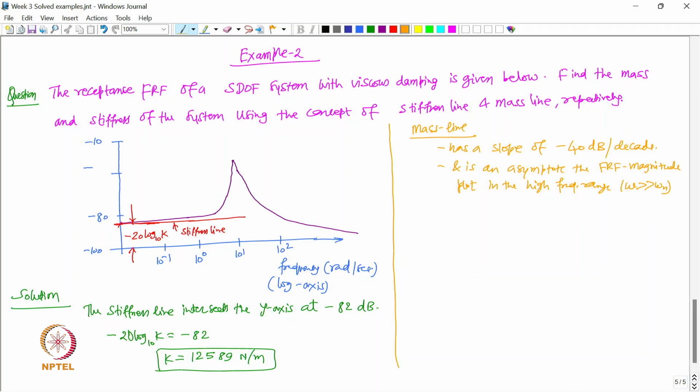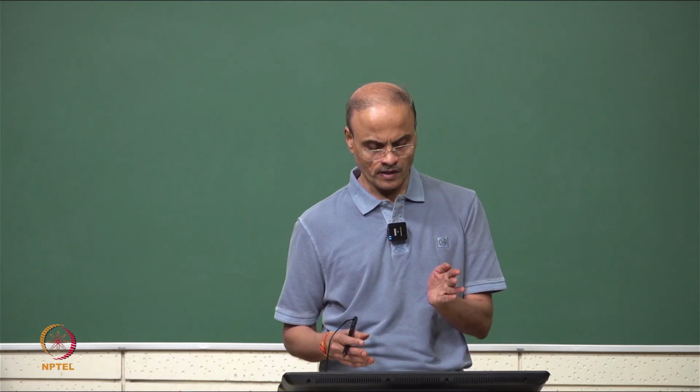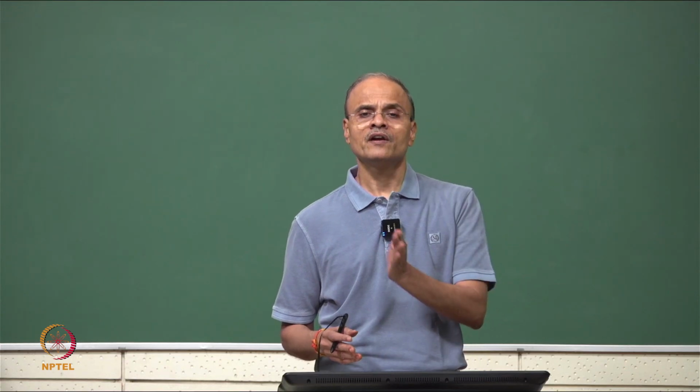So our first step could be that we draw a line at minus 40 dB per decade, which is very easy because the FRF plot is given, and on the x axis the frequency is shown on the log scale. The frequency changes from, for example, 10 to the power 0 to 10 to the power 1, that is one decade. 10 to the power 1 to 10 to the power 2 is the next decade, because 10 to the power 1 is 10 radian per second and 10 to the power 2 is 100 radian per second.